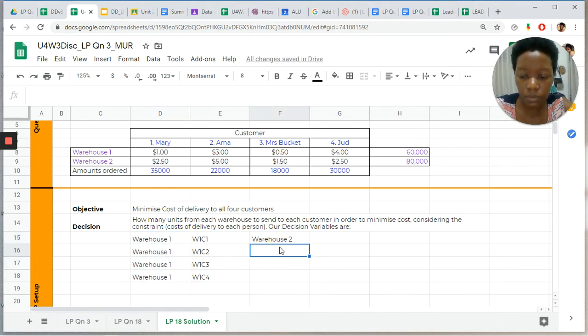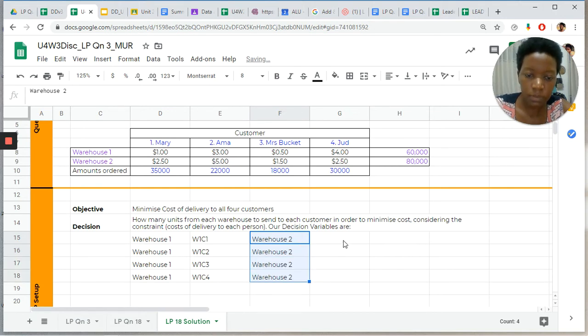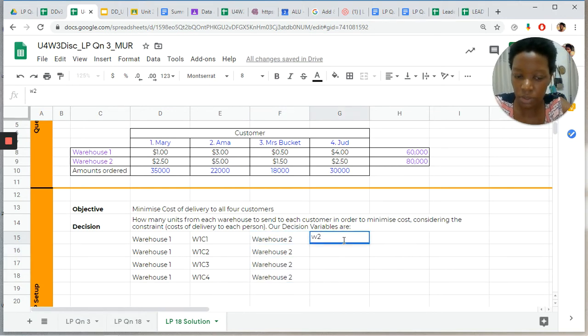So warehouse 2, customer 1. Warehouse 2, customer 2. I now copy this down.